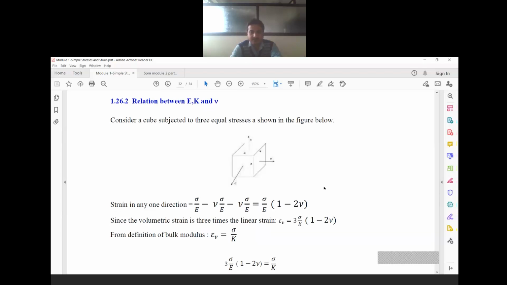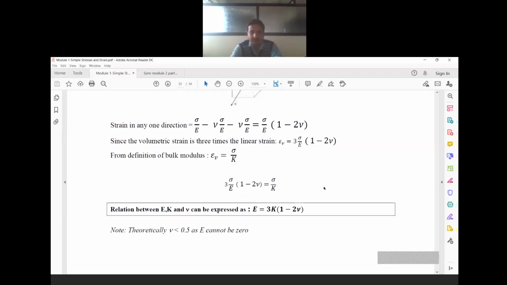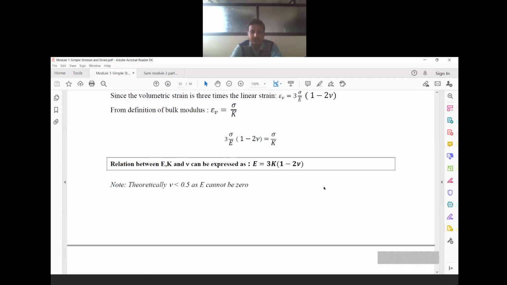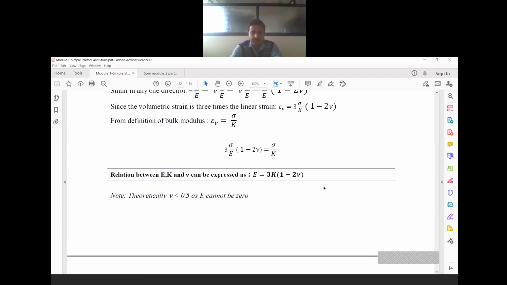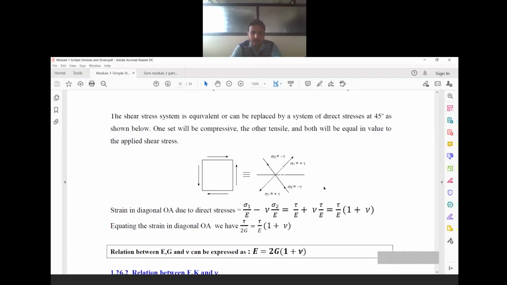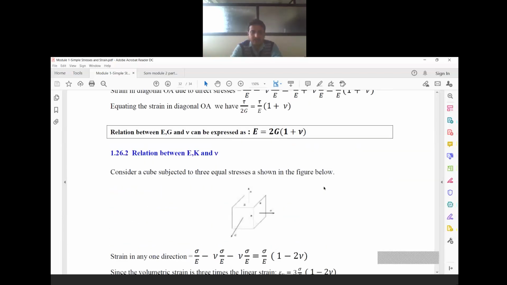So with that concept in mind, we have arrived at an equation E is equal to 3K into 1 minus 2 nu. So if you observe, in the previous case we had considered the 2D plane, so E is equal to 2G. So rigidity modulus will come in only in the case of 2D.